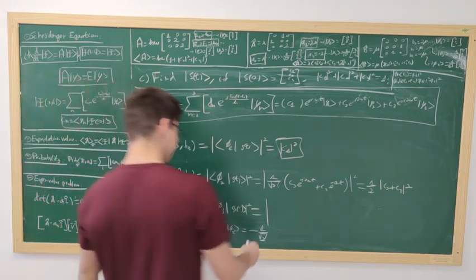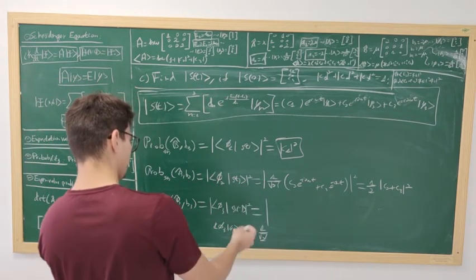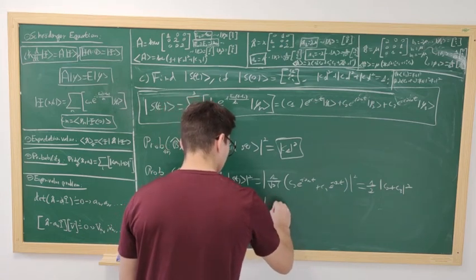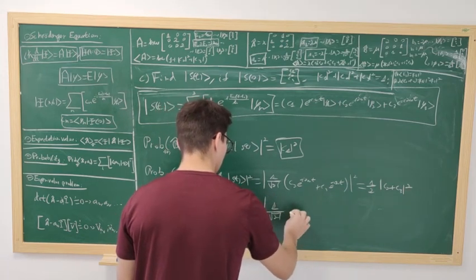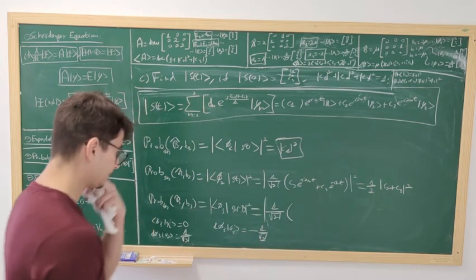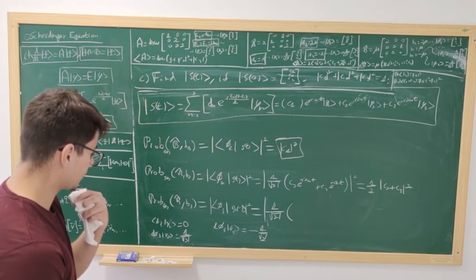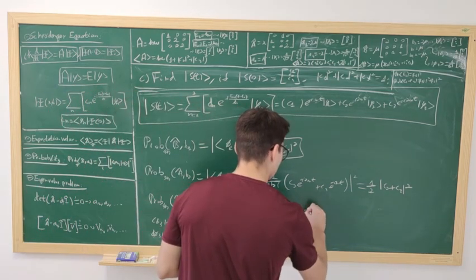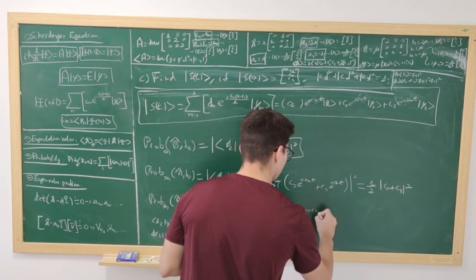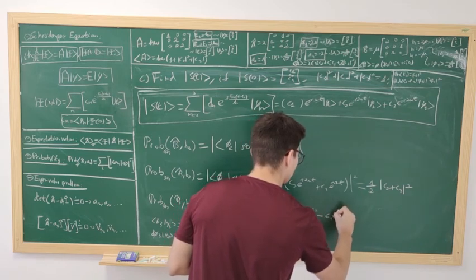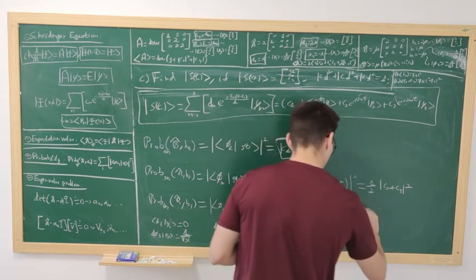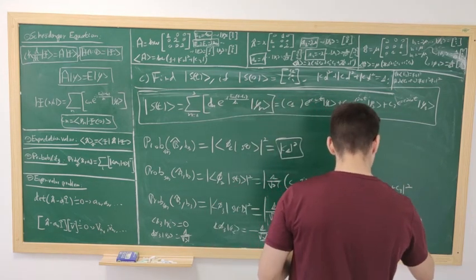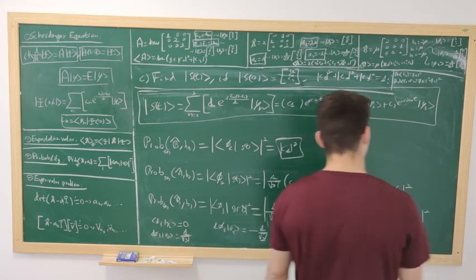So we get 1/2, or 1 over the square root of 2 times C2 e to the minus I2 omega t minus C3 e to the minus I omega t, and this is 1/2 C2 minus C3 squared.